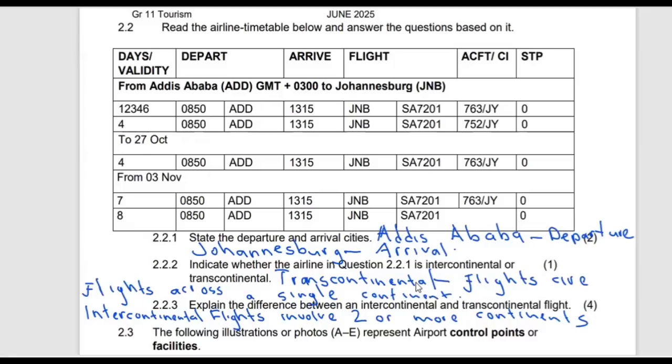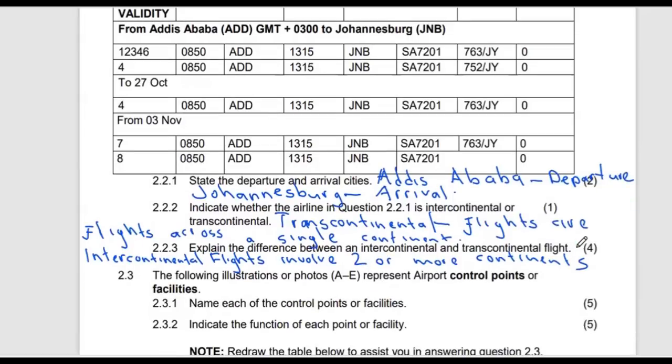So that's the difference between transcontinental and intercontinental. Transcontinental flights are flights across a single continent, whilst on the other hand, intercontinental flights involve two or more continents. So, for example, when you fly from Africa to America, that will be considered an intercontinental flight. But when we are flying within the same continent without crossing into the other continent, it is considered to be a transcontinental flight. Now, moving on to the next question.